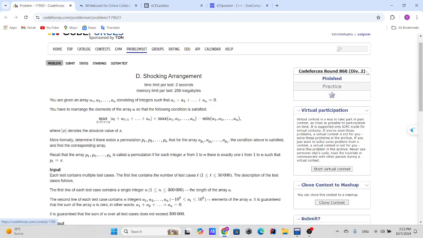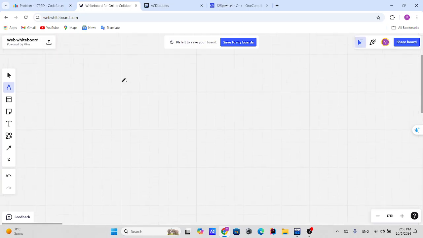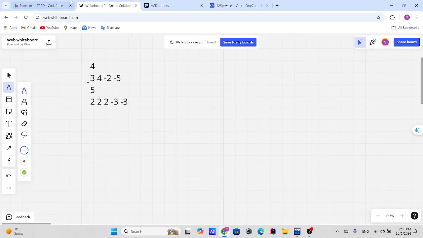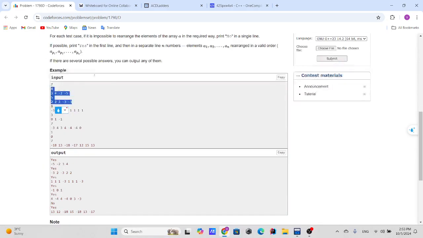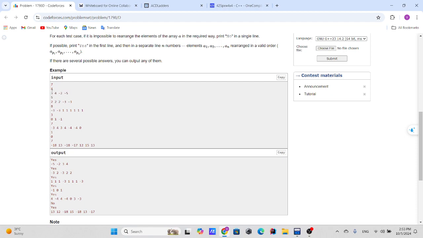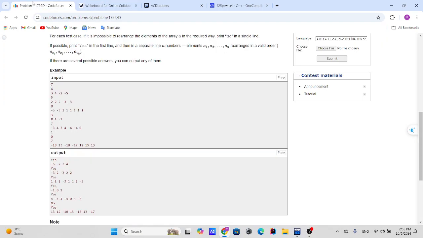A D of division 2. Let's see. 7, 7, okay? So the total of this array is always equal to 0, right? Yes, you can.